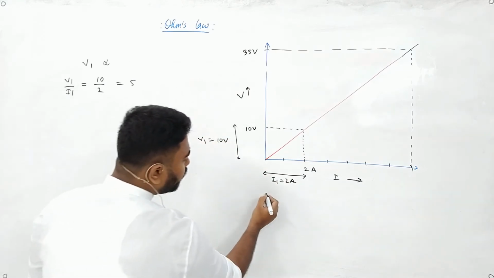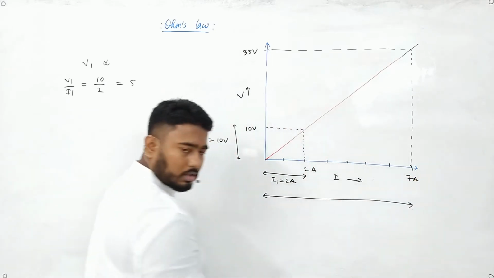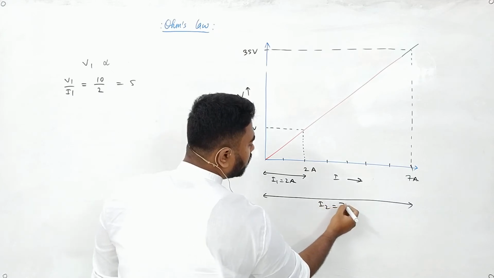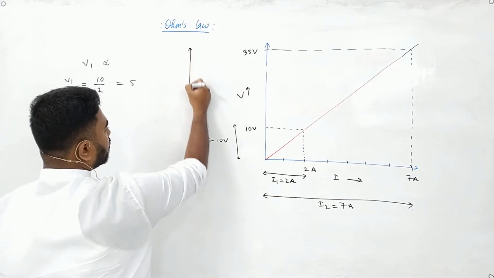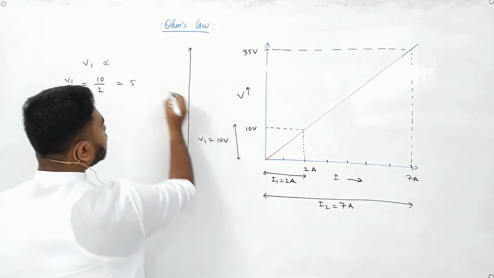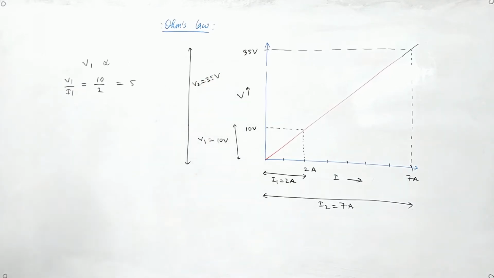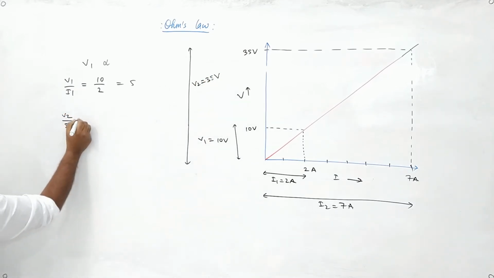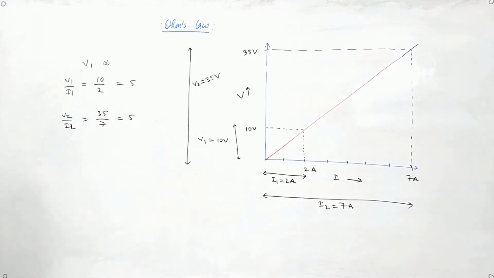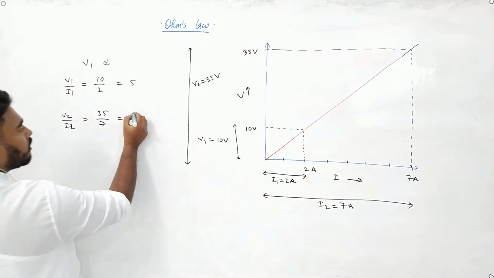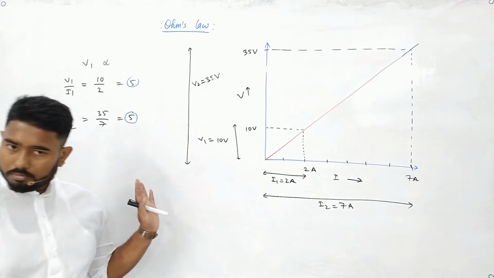Now if I go from here to this terminal, this one is 7 ampere, so this will be I2 equals 7 ampere. Now how much is this one? Good, this one is V2 equals to 35 volt, right? Now again, if I do V2 by I2, I get 35 by 7, that is also 5. So I am getting 5 here, I am getting 5 here, they are same for both of them, right?